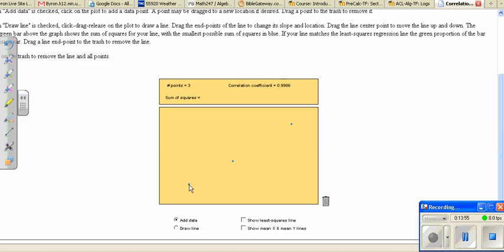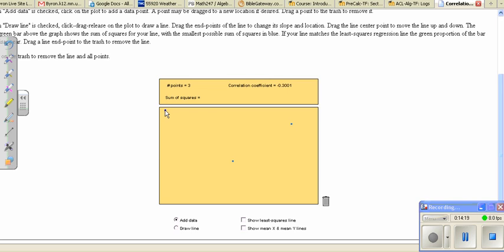Let's take a look at this here. We have 3 points. Let's go ahead and show R. It's right here. It's really close to +1, but if I take this point here and move it up here, just moving that one point, we now went from +1 down to something that's negative and close to 0.